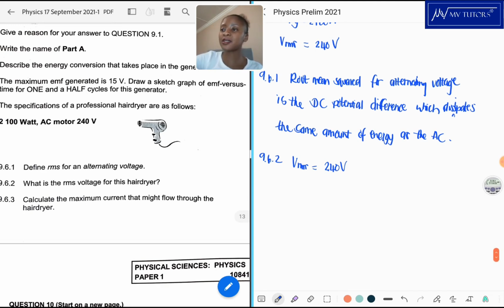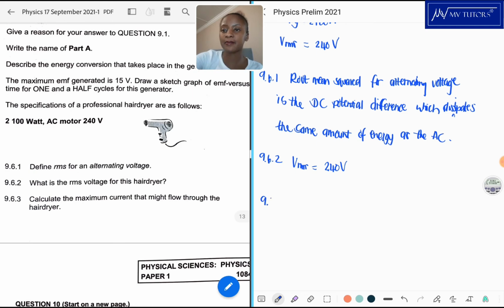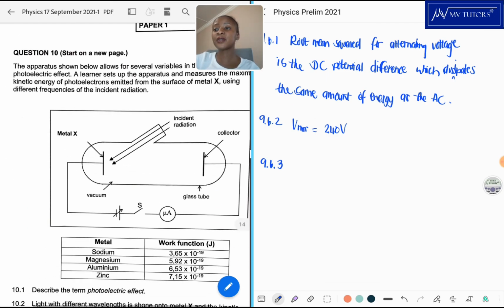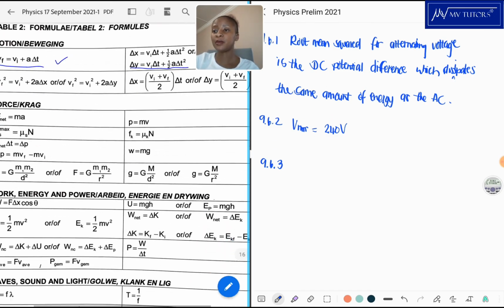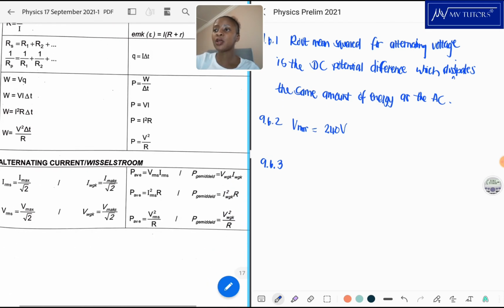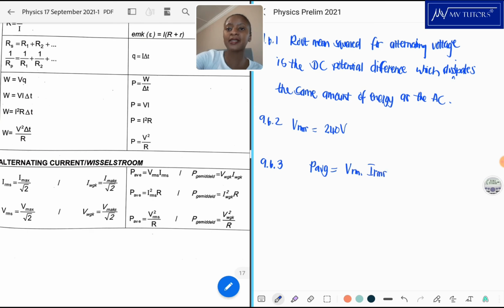Okay, and then the last question of 9.6. Now they're saying, calculate the maximum current that might flow through the hair dryer. Maximum current. Let's have a look at the equations that they give you and how you can make use of them. We have that the average power, or P average, is equal to your RMS voltage times your RMS current.